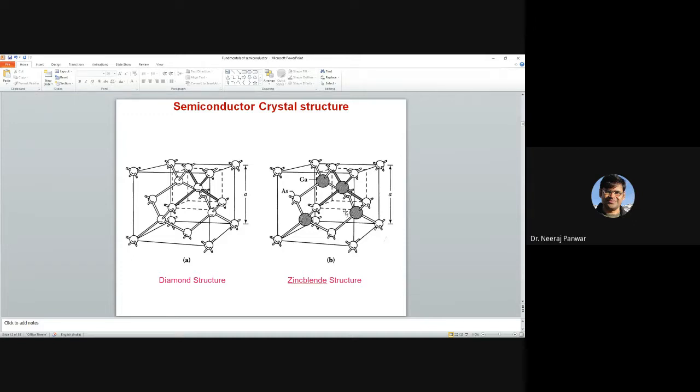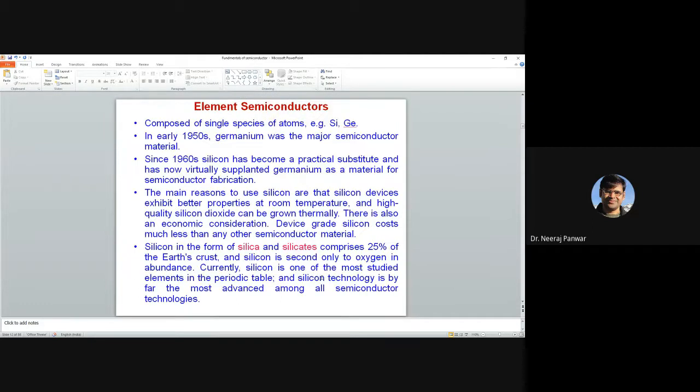Two gallium atoms sit at 1/4, 1/4, 1/4 position, and the remaining two at 3/4, 3/4, 3/4 positions. So when all atoms are similar, it is the diamond structure, and when we have different atoms, it becomes the zinc blende structure. Gallium arsenide is an example of zinc blende structure, and another is zinc sulfide.